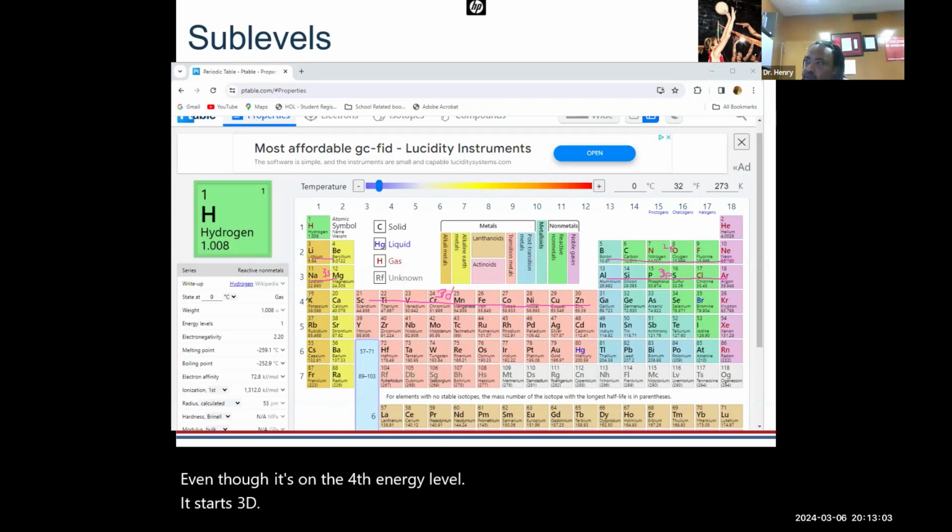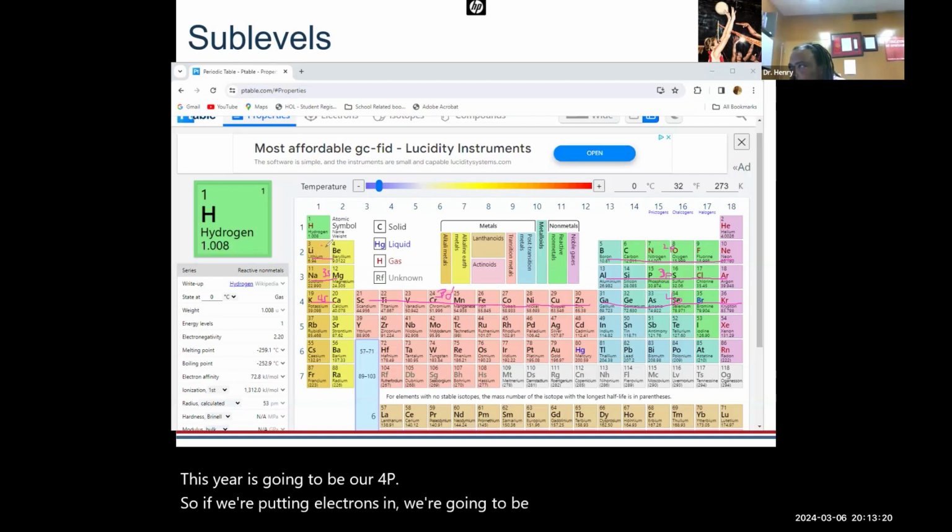And then this here is going to be our 4s. This here is going to be our 4p. So if we're putting electrons in, we're going to go in order. We're going to start off with the 1s.